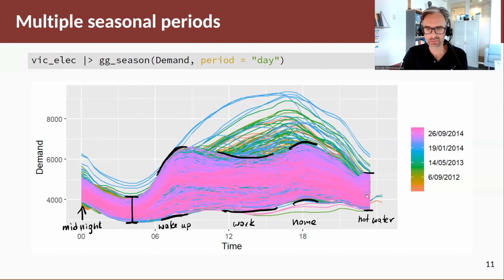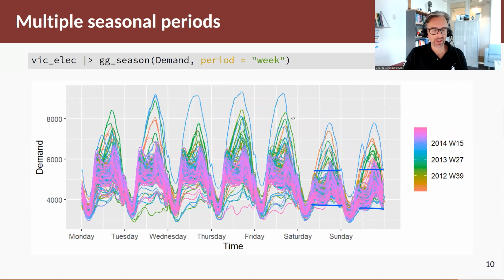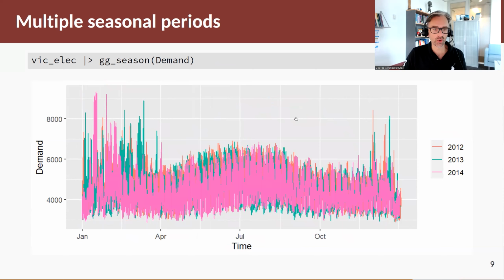And there's also shorter days going the other way, but you cannot see them here because there's so much happening there. So these features in this seasonal plot for time of the day, and these features for time of the week, you could not see from this plot or from the time plot.